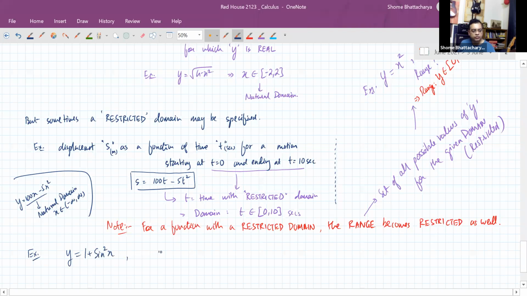Okay, so we want to find the range for the natural domain for this function.